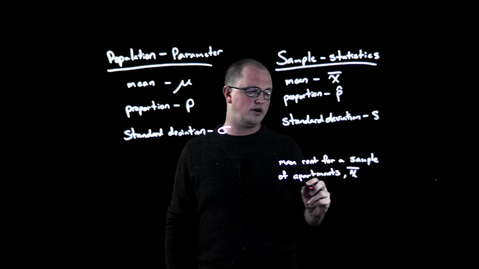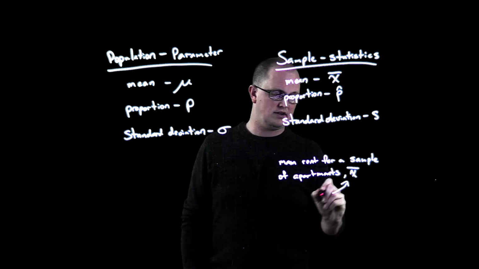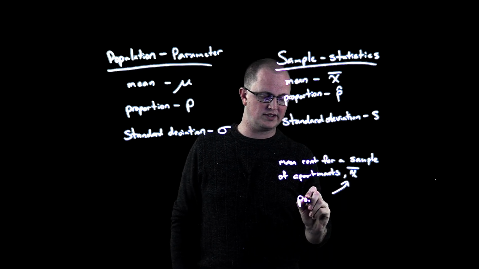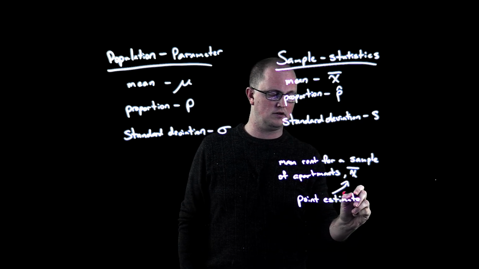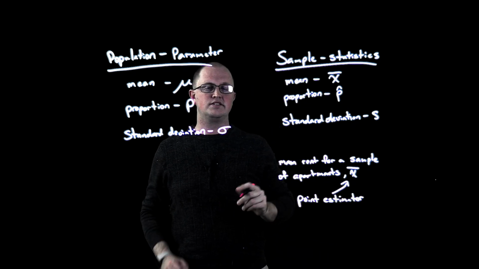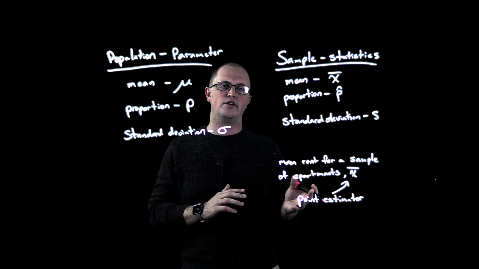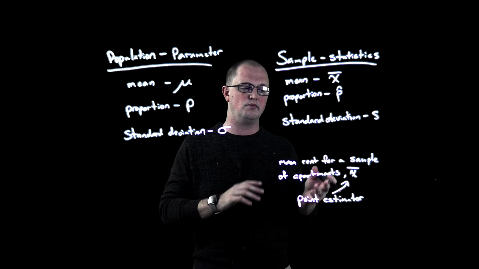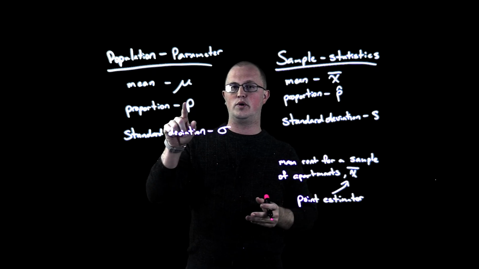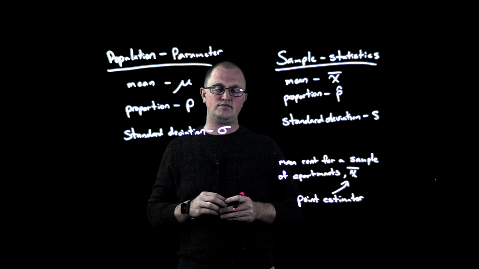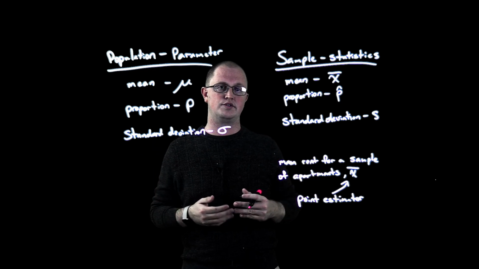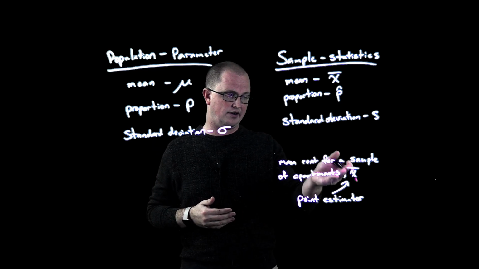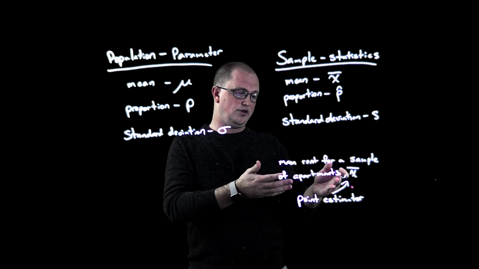And this x bar, this is what we call a point estimator. Meaning that it's a single point that based on the data that we have, this is our best guess for what mu is. Right? Because if we have no other information, we've just taken a sample of some apartment rents and we calculated this mean. That's all the information we have.